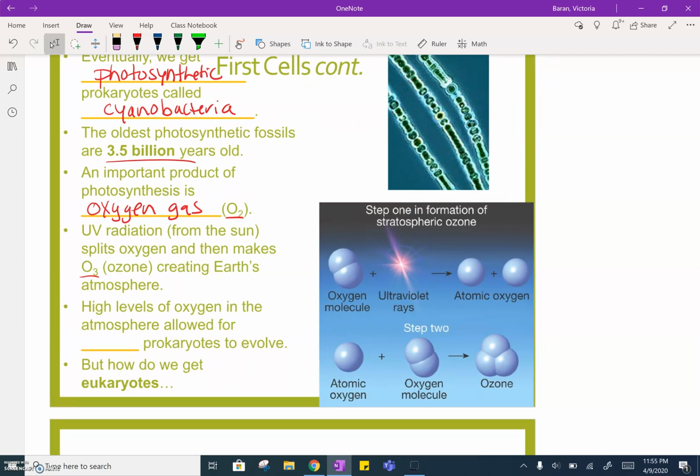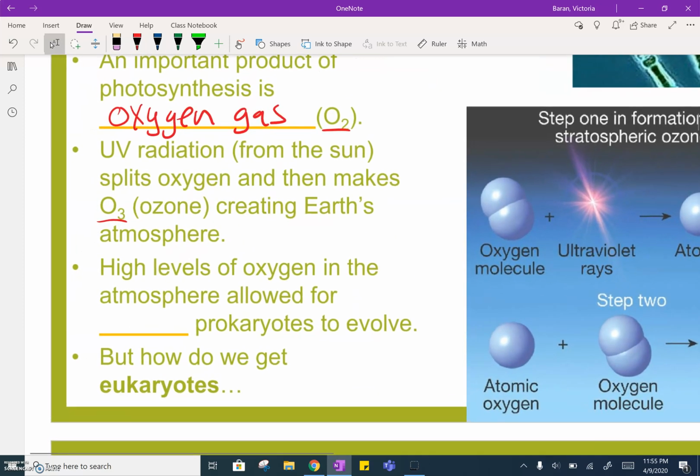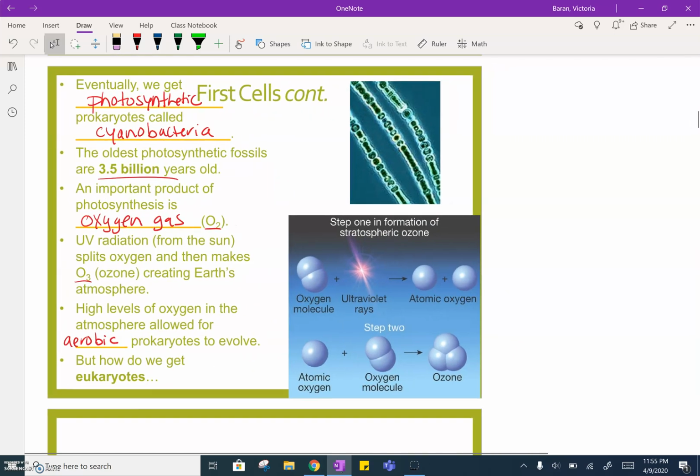So now that we have oxygen in the atmosphere, we have aerobic prokaryotes. Remember previously I said we had anaerobic prokaryotes because there was no oxygen. Well, now we can have aerobic prokaryotes because there is oxygen present.